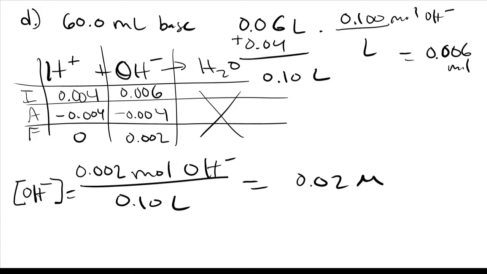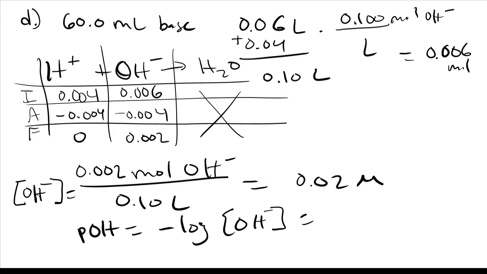So now that we got the molarity or the concentration, let's go ahead. Well, we can't calculate the pH from this directly. We're going to have to calculate the pOH. Right. So pOH equals negative log of hydroxide, which is the negative log of this number. That's going to give you a pOH of 1.70.